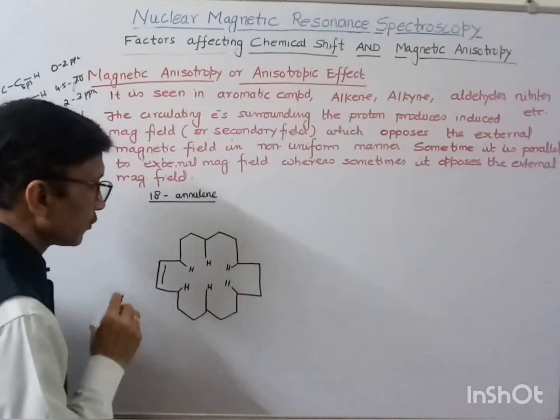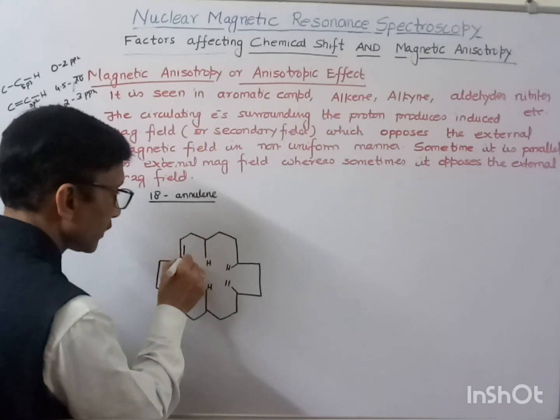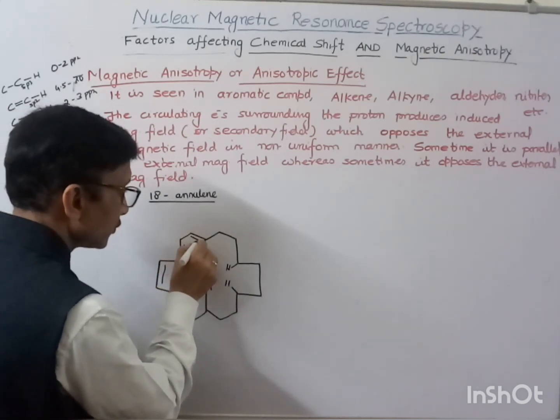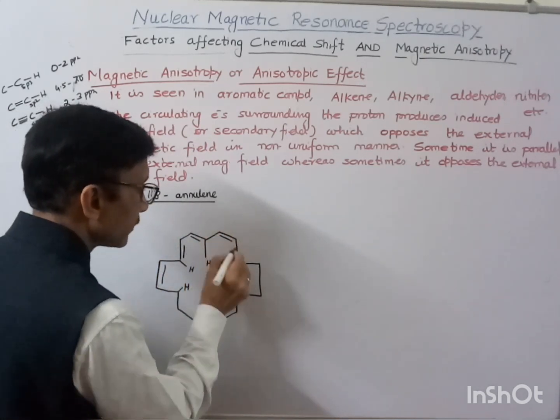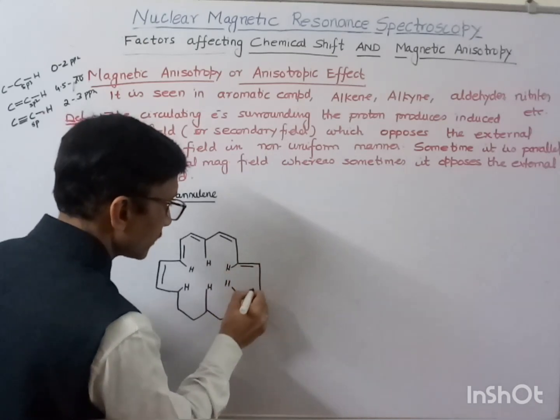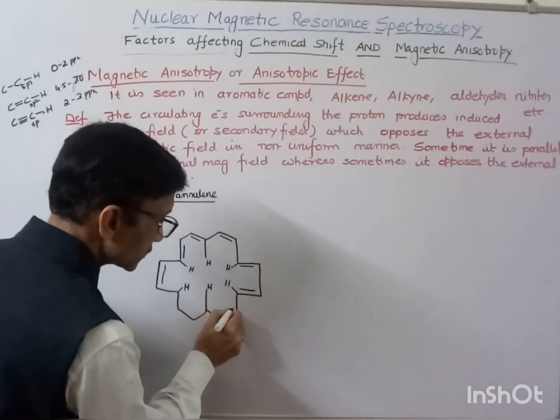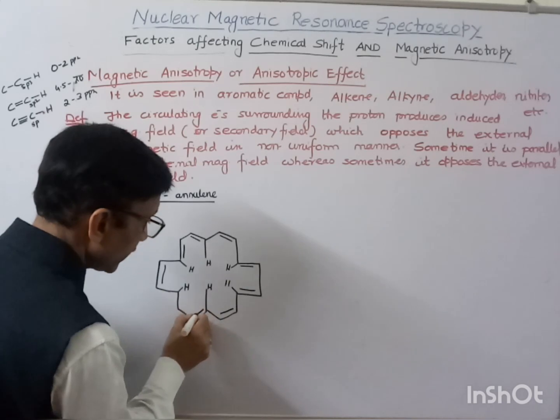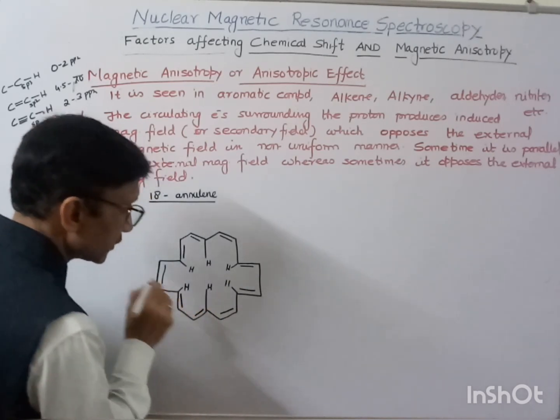This is one pi bond, 2 pi bonds, next conjugate, this is 3, and then the 4th pi bond, and this is the 5th, 6th, 7th, 8th, and this is the 9th pi bond.